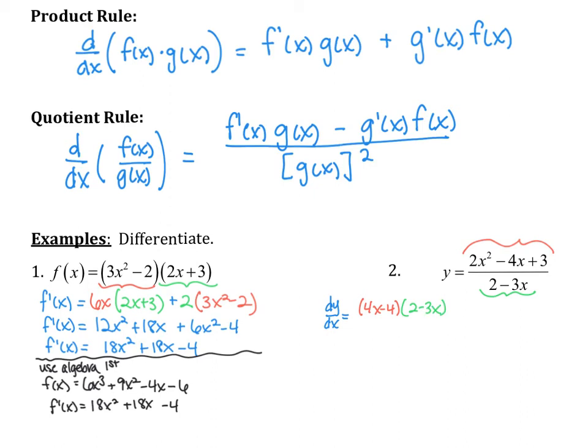In between there is going to be a minus. The derivative of the bottom, or the denominator, would be negative 3 times the top, or times the numerator, which gives me 2x squared minus 4x plus 3, all over 2 minus 3x squared.